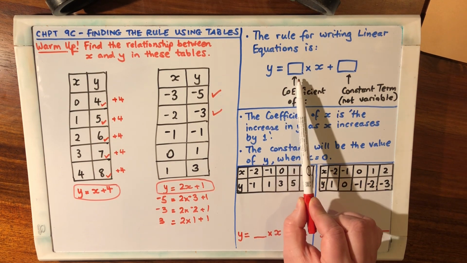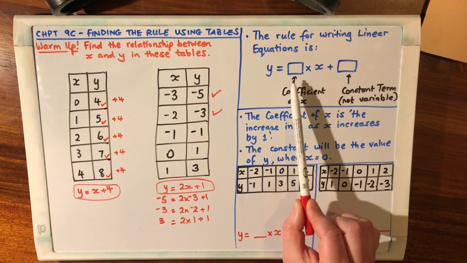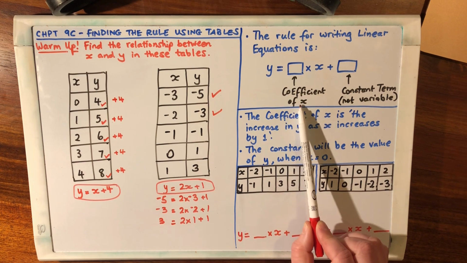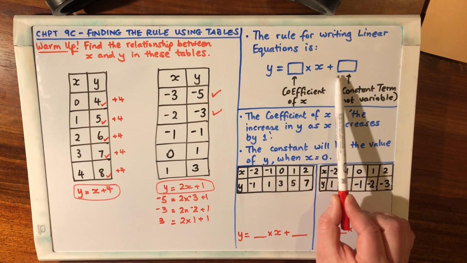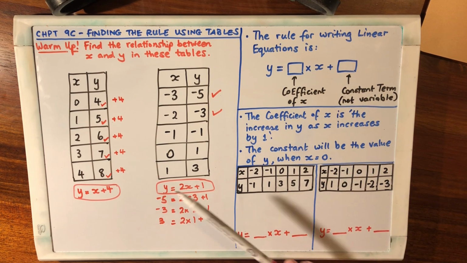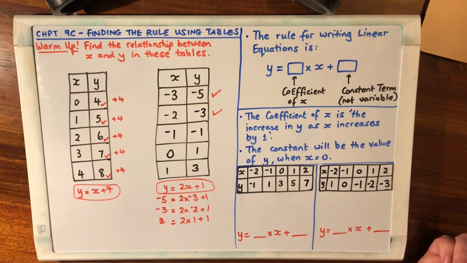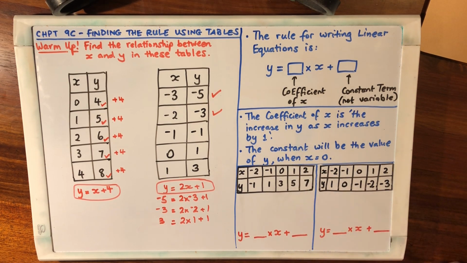Y equals the coefficient of x, which is a variable number, plus another number. It could be a positive or a negative number, and that's what we call a constant term. Our constant term doesn't have a pronumeral attached to it or multiplied by it. So how are we going to find out the value of the coefficient and the value of the constant term?